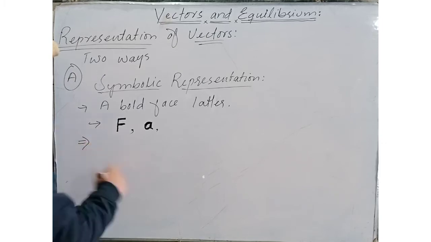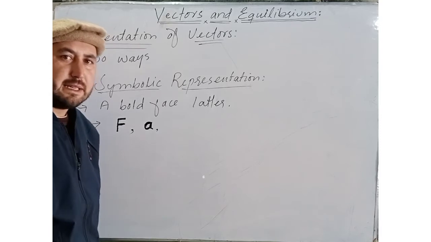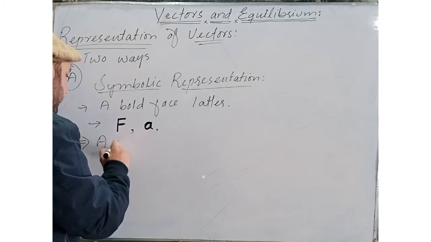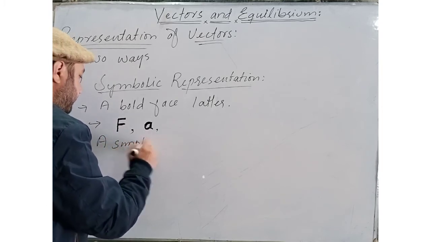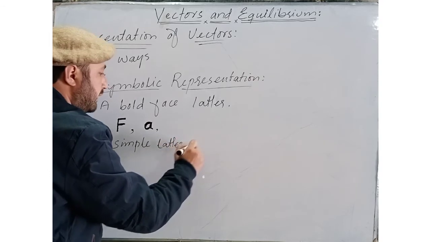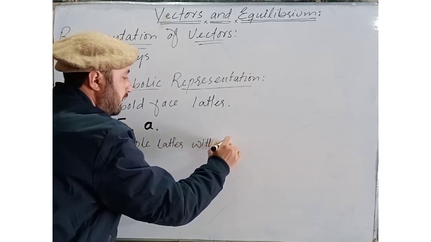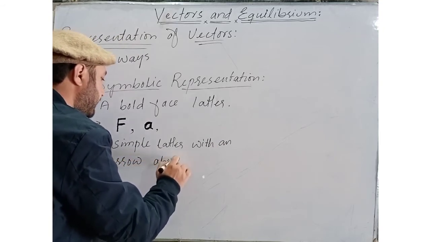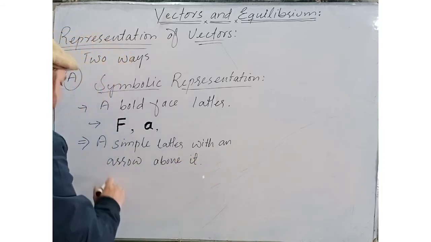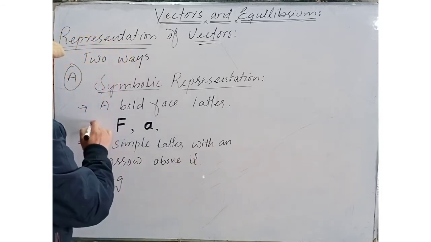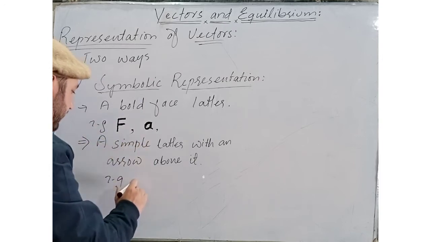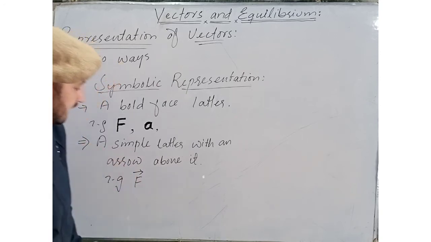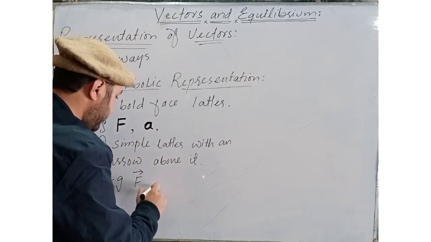Right, so you can represent a vector symbolically by a bold face letter, or you can use another way to represent it, that is, you can use a simple letter, but you have to place an arrow above it. Like force can be represented by a simple F, but you have to place an arrow above it.